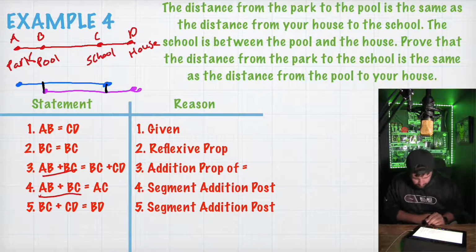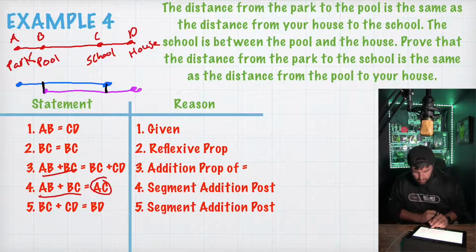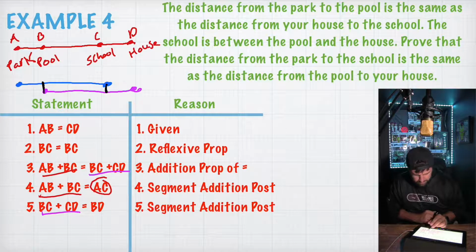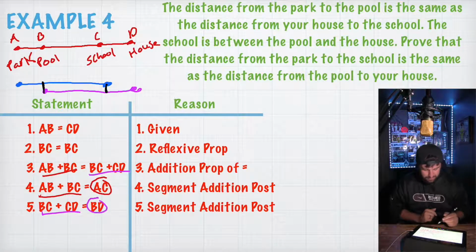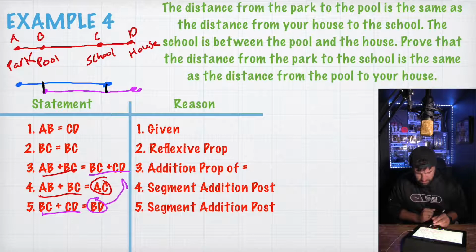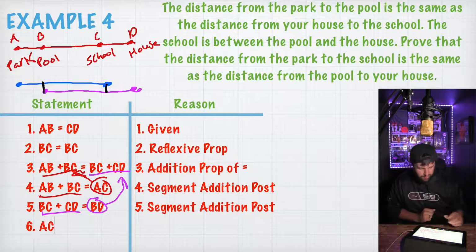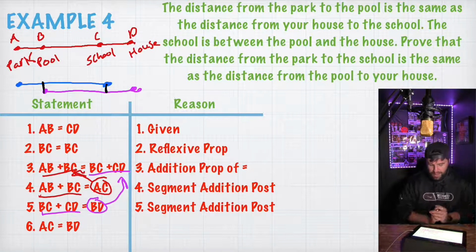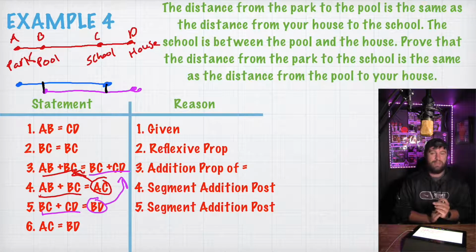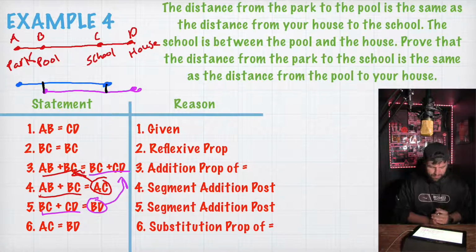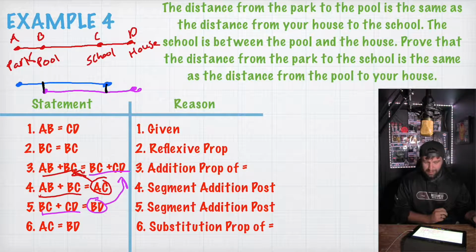If we look, AB plus BC is equal to AC, and BC plus CD equals BD. So we can substitute these back into this equation, and we're left with AC equals BD. And what did we do? We substituted it in. So it's the substitution property of equality.